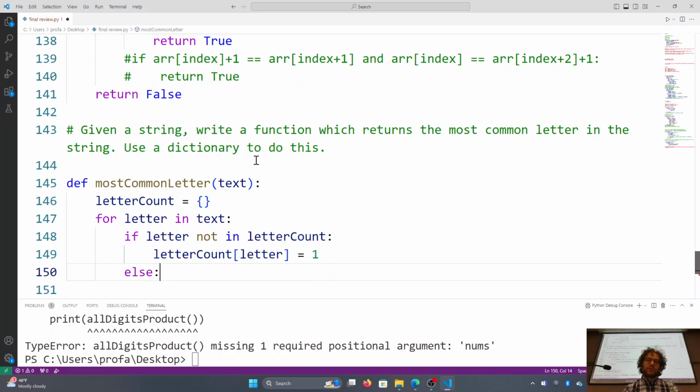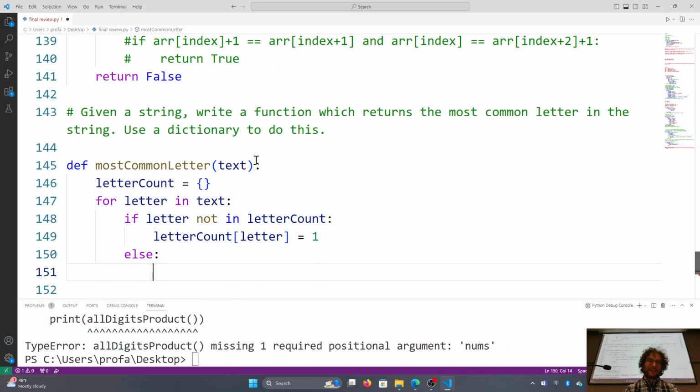Else, it is in the letter count. So we first checked if it wasn't in the letter count. Now we check if it is in the letter count, in which case we do the same thing, except instead of setting it to 1, we increment it by 1. If you haven't seen it before, you want to say, oh, I've seen it now. Okay?